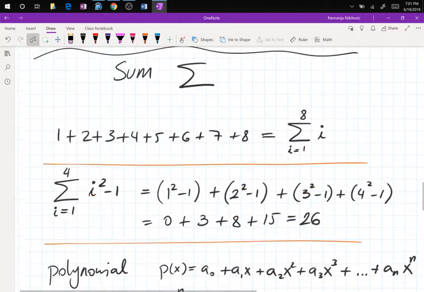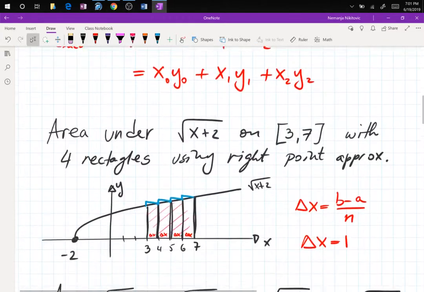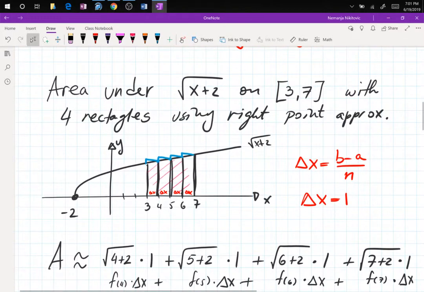So for areas under the curve in terms of approximations, guys, your job is to partition the area you have into these vertical strips. The number of vertical strips is actually the number of rectangles you have. Then be careful whether you need left or right points.